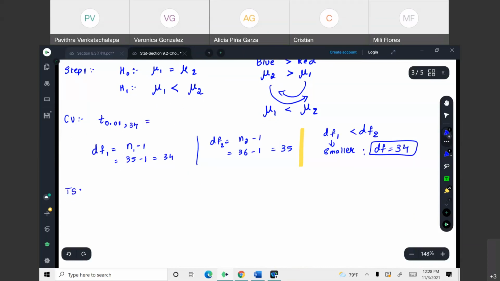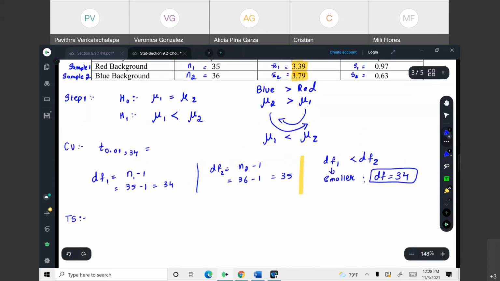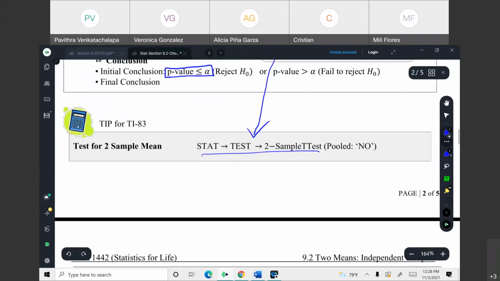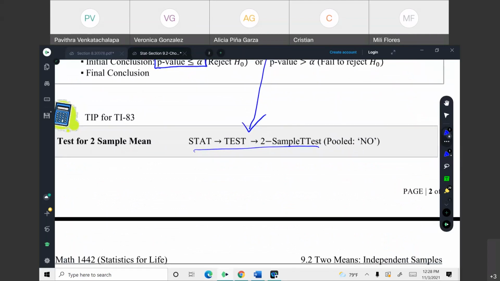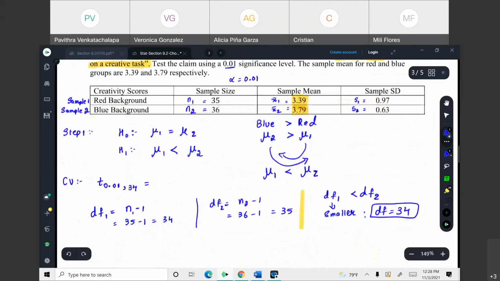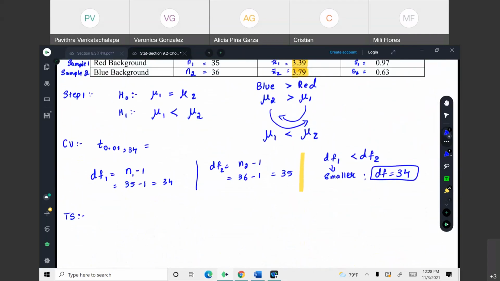Next, find the t value using the statistic formula, or you can also use the calculator. Just go to stat, test, choose the second option, you get the two sample t-test, and from there you can calculate the test statistic value.